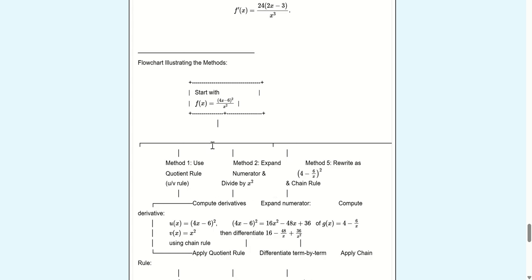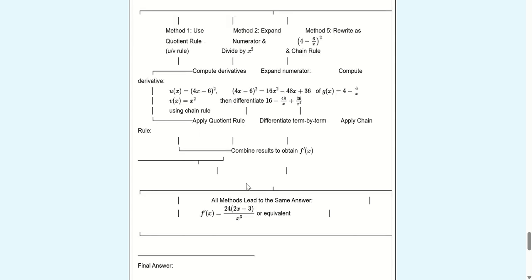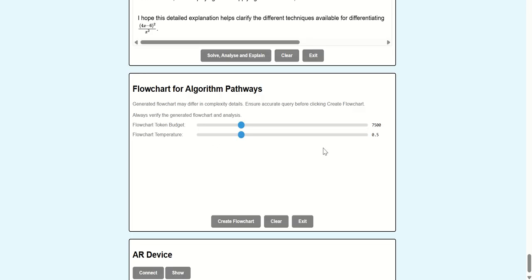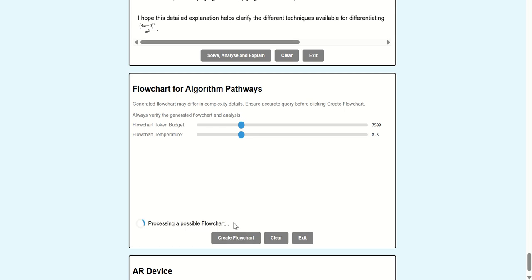As you can see here, the flow chart is not very nice, but below this widget is where you can generate a flow chart to show the different pathways. I'm just going to click create flow chart and see the output that it gives us.